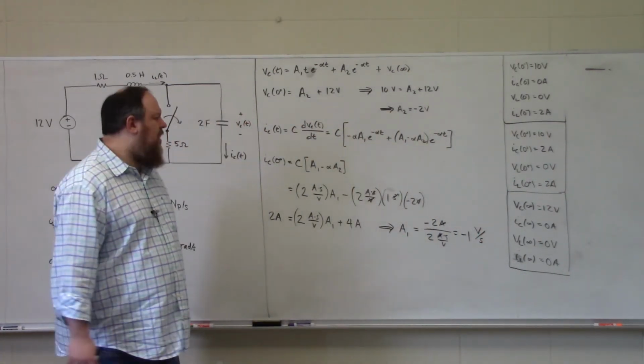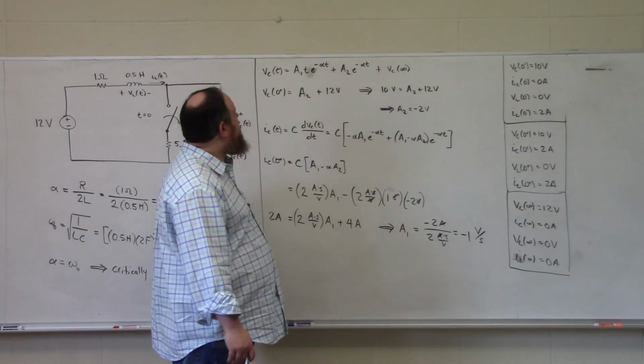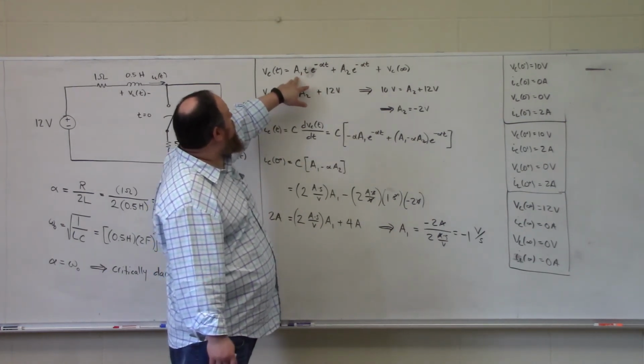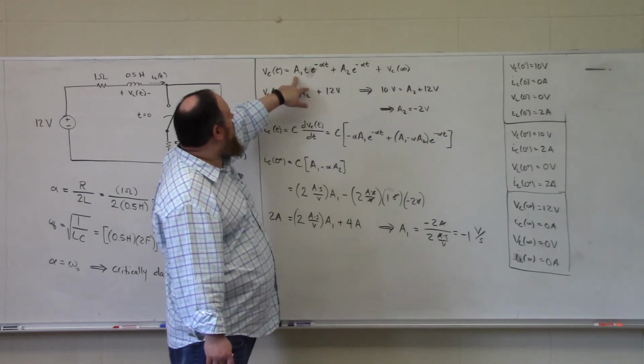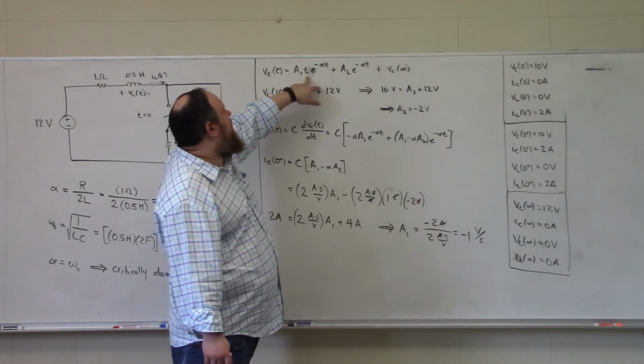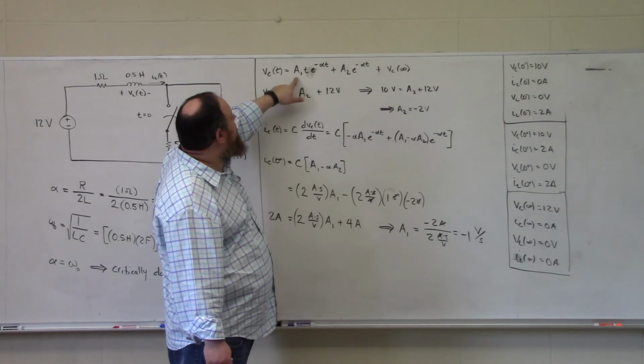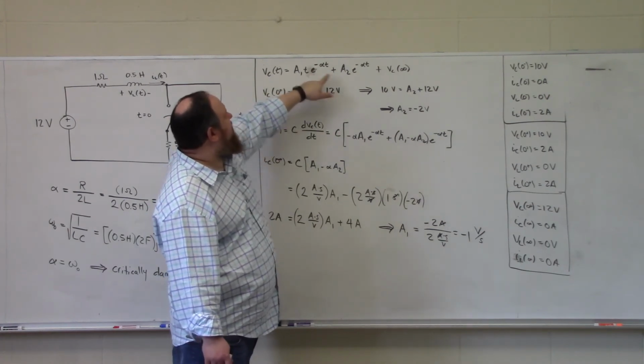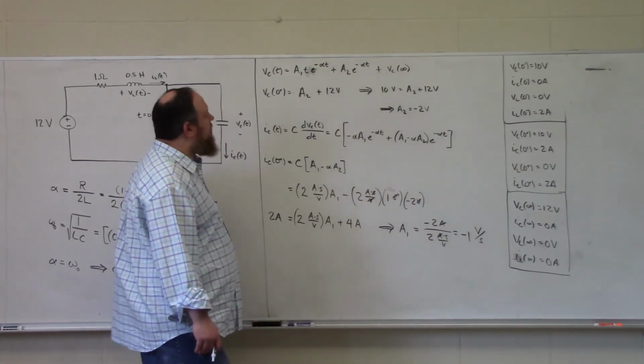Those units, a volt per second, might seem confusing, but if we look up here in our original equation, we're expecting to get volts. So this quantity A1 is being multiplied by time, measured in seconds, so it makes sense that A1 has units of volts per second, since the exponential bit will not have any units.